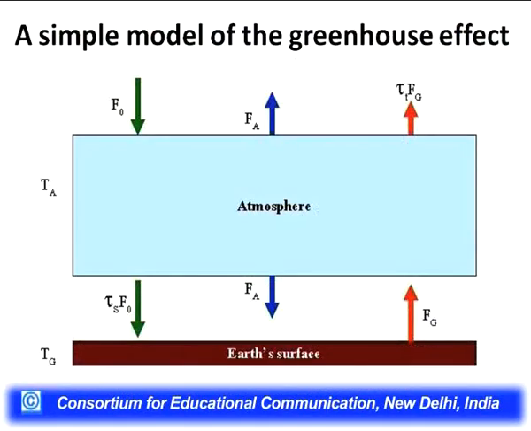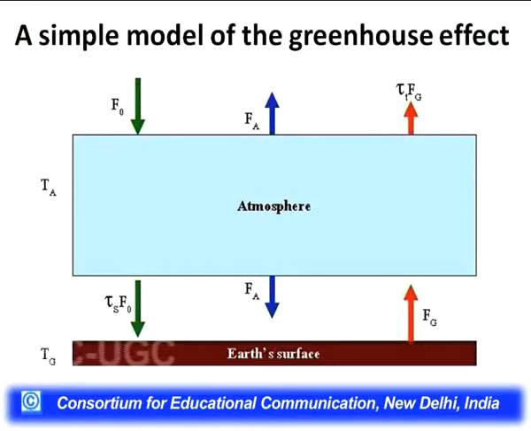Now, the atmosphere is absorbing from both sides. It is absorbing the short wave radiation coming from the solar side, as well as the long wave radiation going from the earth's surface. So, our atmosphere has its own energy budget.